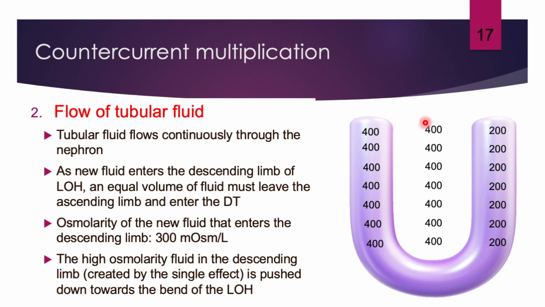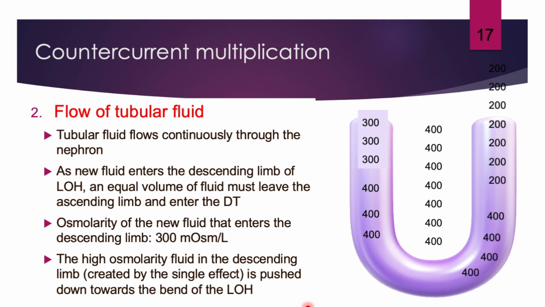The osmolarity in the interstitium increased to 400 because of the solutes, whereas in the descending limb, the osmolarity is 400 because of water reabsorption from the lumen into the interstitium. In flow of tubular fluid, new fluid that has osmolarity of 300 milliosmol per liter will enter the descending limb.